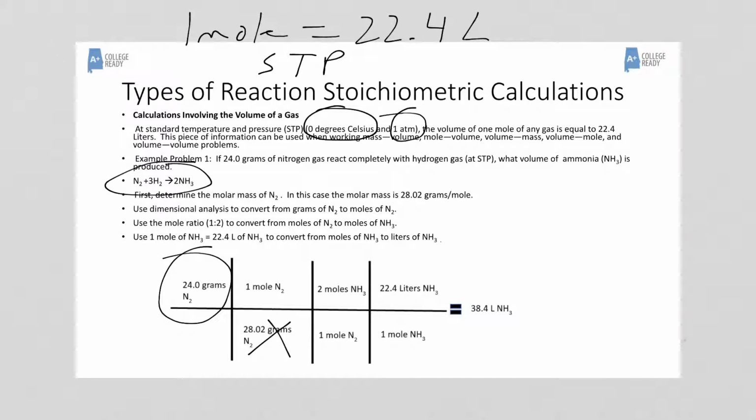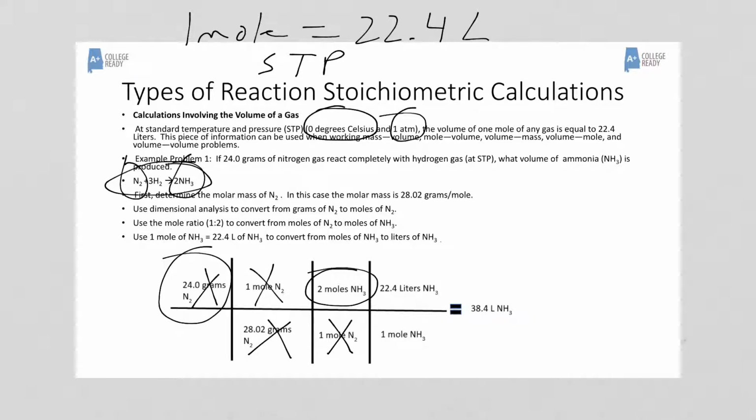The grams portion of that conversion factor goes on the bottom, so we can cancel out grams. Next, we're going to use the mole ratio. The mole ratio between nitrogen and ammonia is 1 to 2. The nitrogen portion of that mole ratio has to go on the bottom of our chart, so it can cancel. The 2 moles of ammonia go on top.